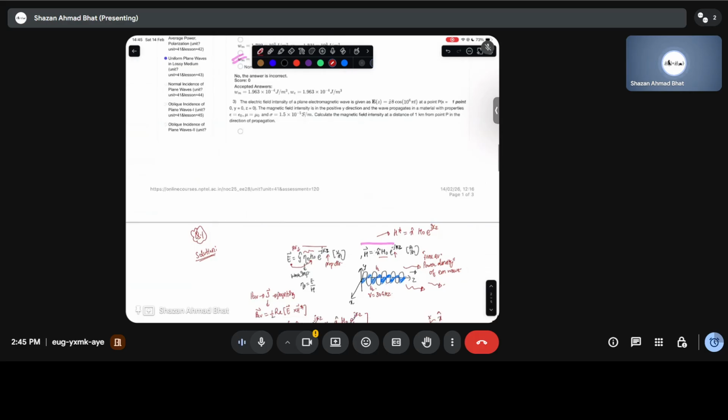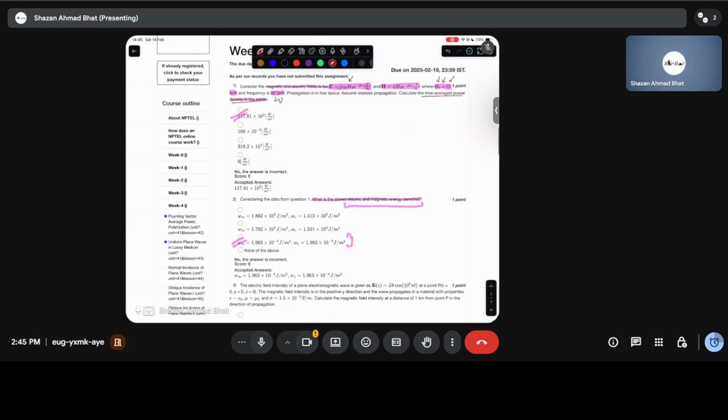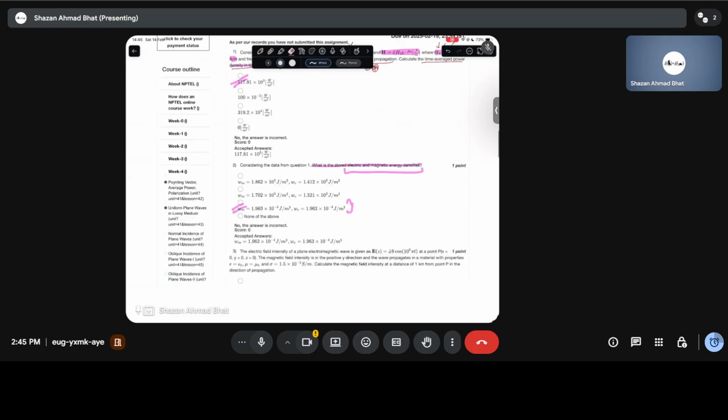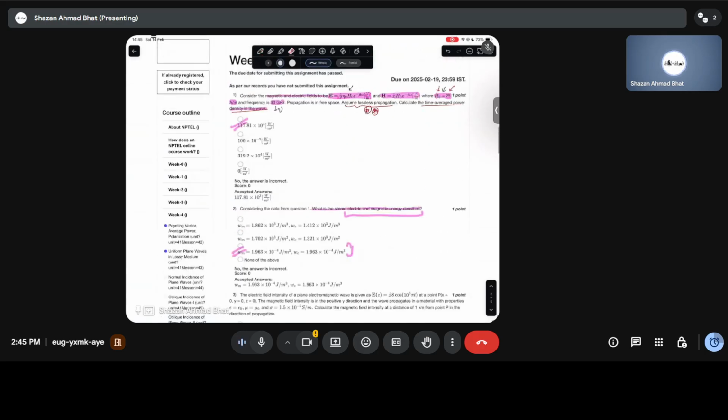And we are assuming the lossless media. In the question, it was given that the propagation is in free space and it's a lossless propagation. And why is it important? Because if it's not lossless, and the medium has certain permittivity and permeability, then the magnetic field components and the electric field components are going to face different losses inside the medium.